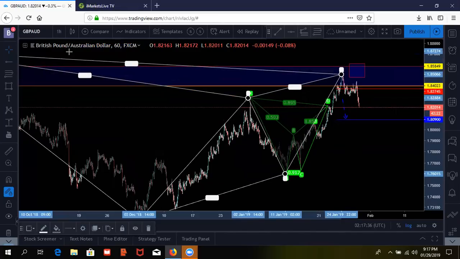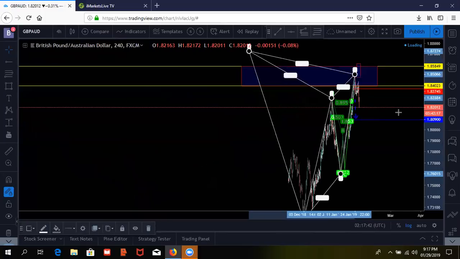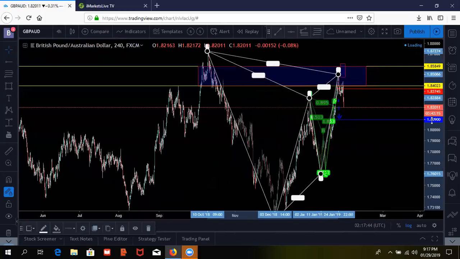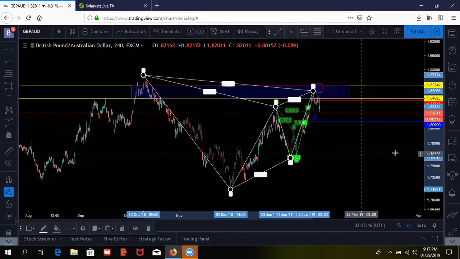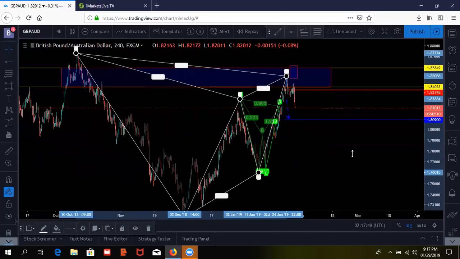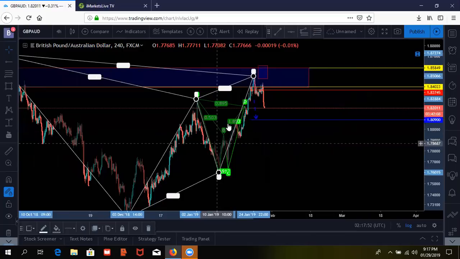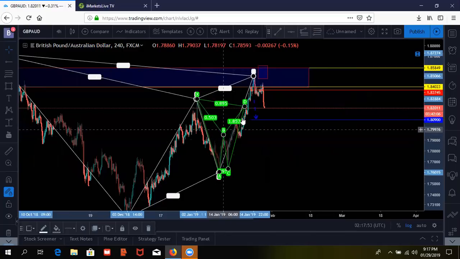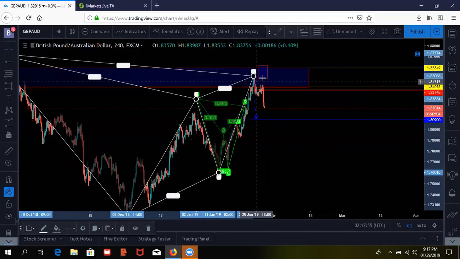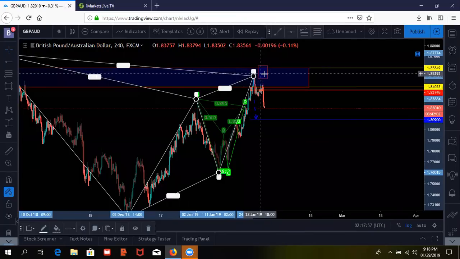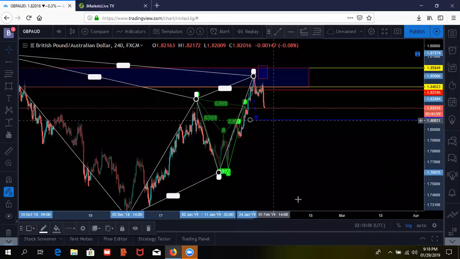So looking at this on a much bigger time frame, I stated that if price doesn't respect this green harmonic pattern, which clearly it didn't, then my entry point will be out of this box right here. Let me highlight that box for you all real quick.